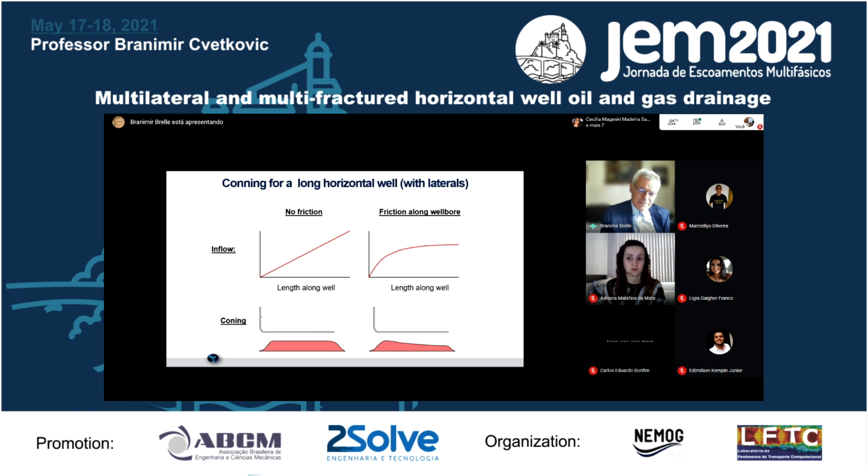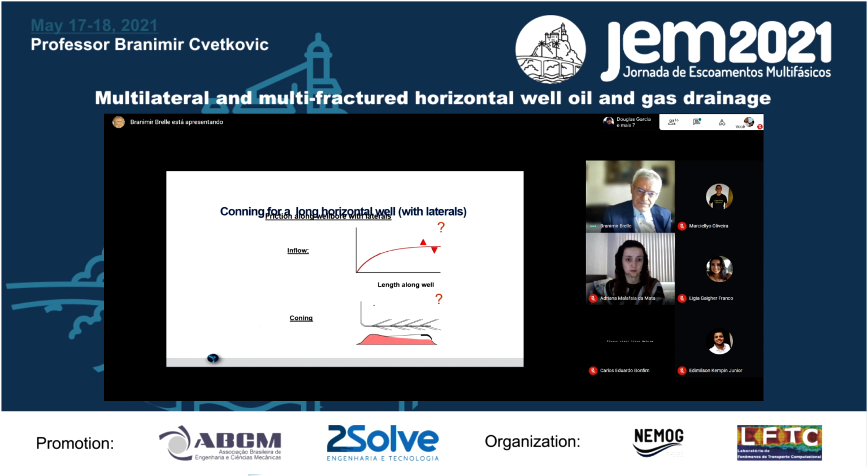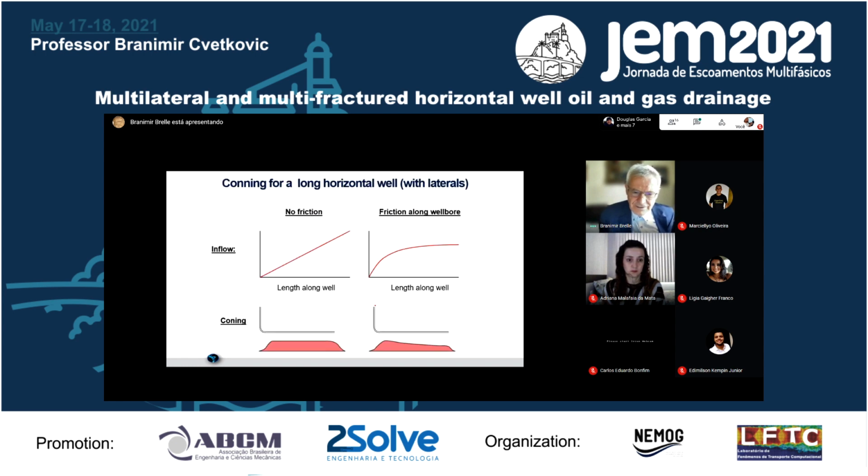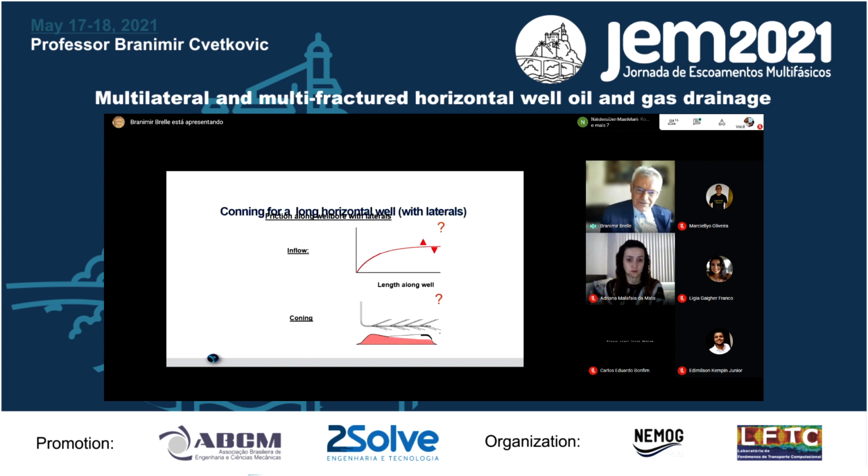So here is my coning when I have a well like this. And you will have here coning, let's say like this. And the question is, when I have inflow like that, how in hell is this horizontal well with laterals' response going to look?